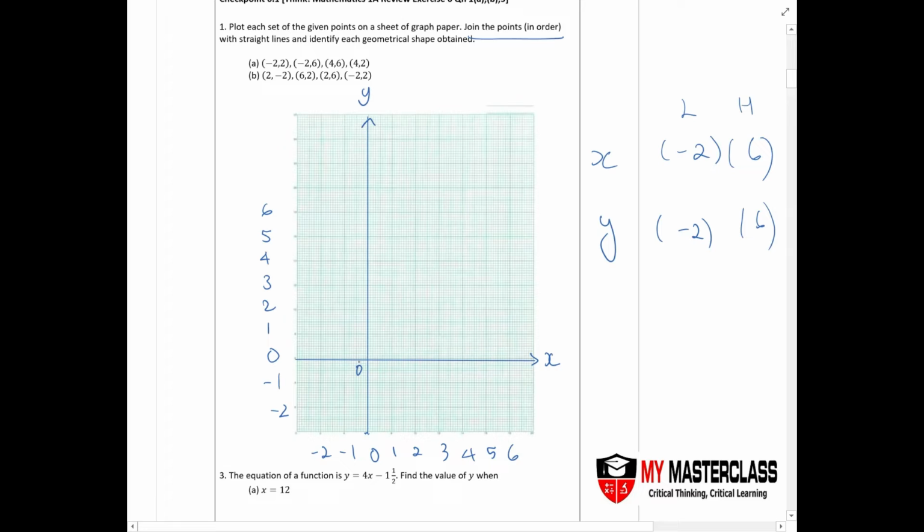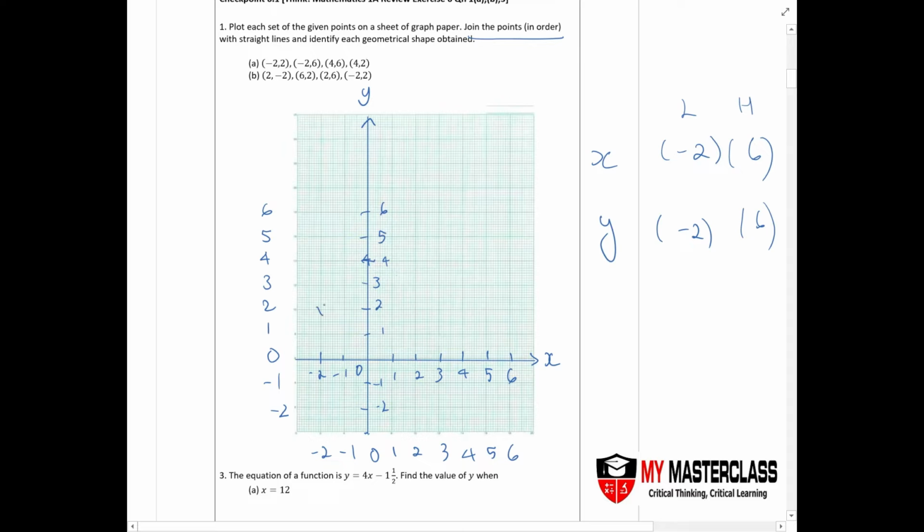You have -2, then -1, 1, 2, 3, 4, 5, and 6. From -2 to 2, you have -1 here, -2, 1, 2, 3, 4, 5, and 6.